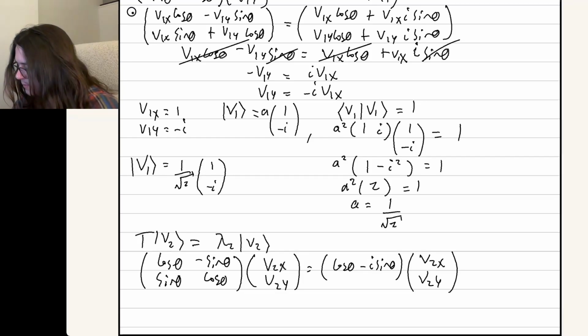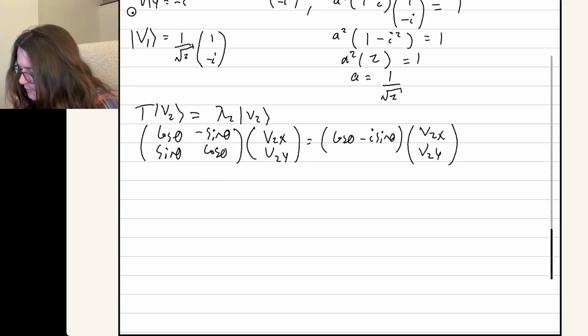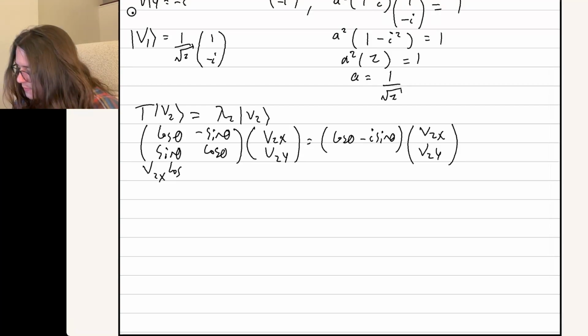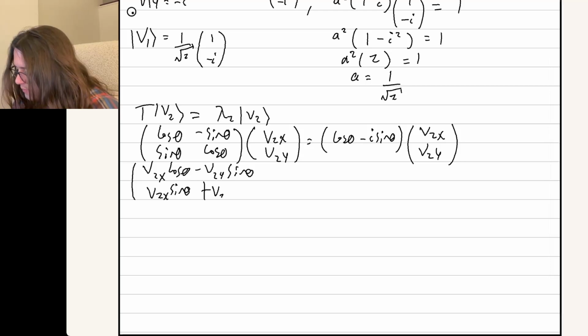Carrying out the matrix multiplication on the left-hand side, this is going to be v2x cosine theta minus v2y sine theta for the first component, and then the second component is v2x sine theta plus v2y cosine theta.